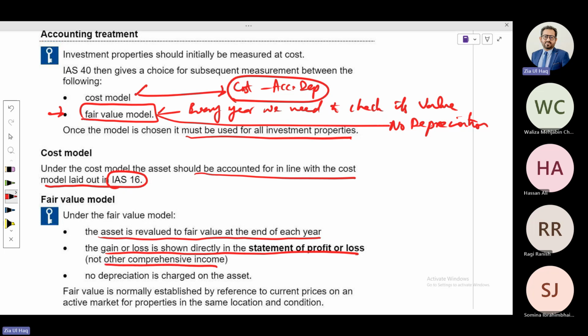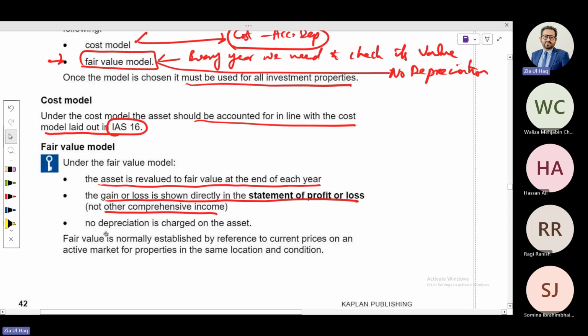Revaluation gain we record in other comprehensive income, but revaluation of investment property will not be recorded in other comprehensive income. It should be recorded in the profit and loss account. And no depreciation is charged on the asset if investment property is recorded on the fair value method. If we are recording on the cost model, then depreciation should be charged.